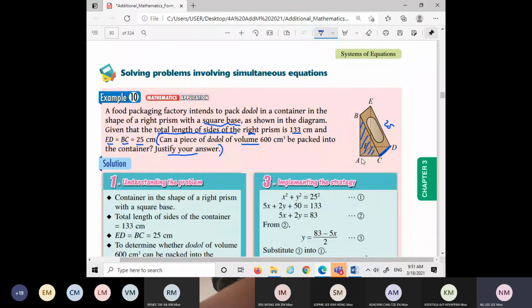Right prism means standing straight, so here will have a right angle. Oh, okay, I know already, because this is a square, so this and this are the same. Therefore I can fix this maybe as x. So this is also x.